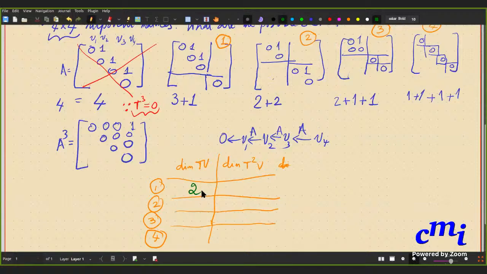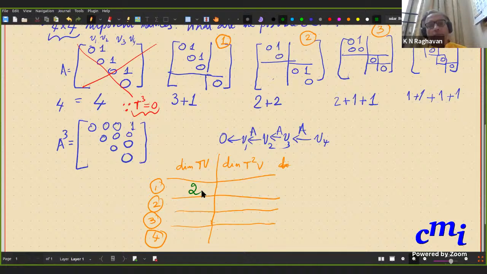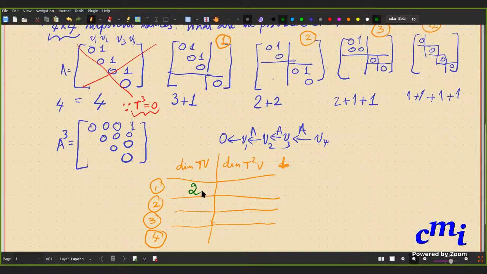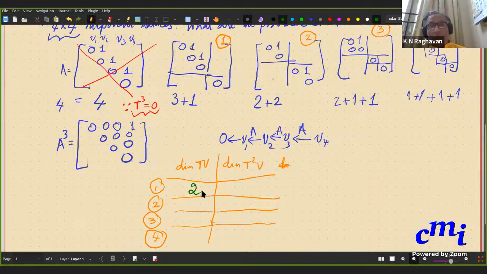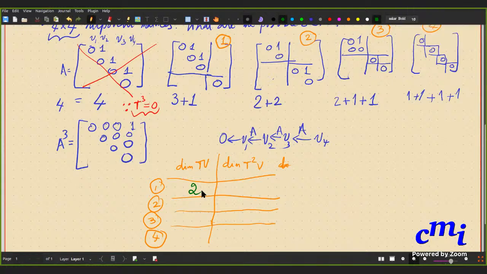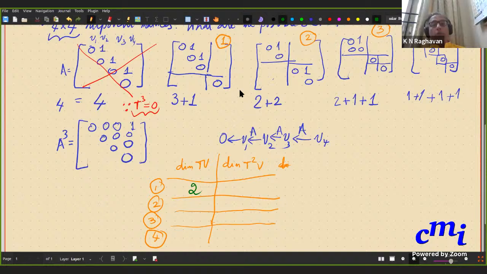What happens to V2 when I apply T squared? Zero. What happens to V3? V1. What happens to V4 when I apply T squared? Zero. Right.